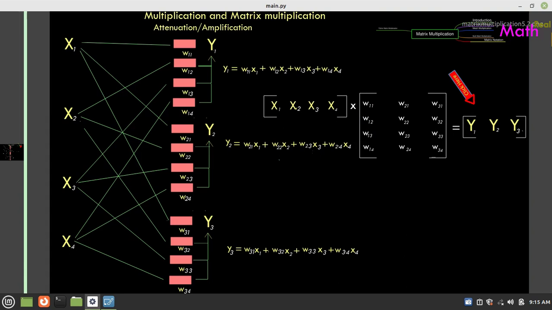So this representation is called matrix representation. When we have a mesh kind of structure, where inputs get modified by weights and then represent the output, we can just write x1, x2, x3, x4 in one row, then define the matrix for whatever material we have, and then the output. This is a very simple matrix.